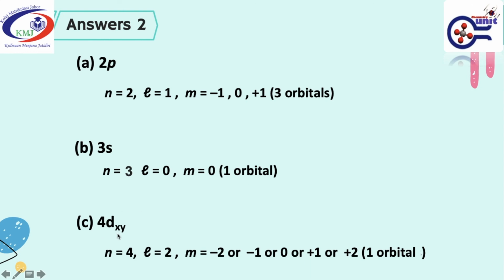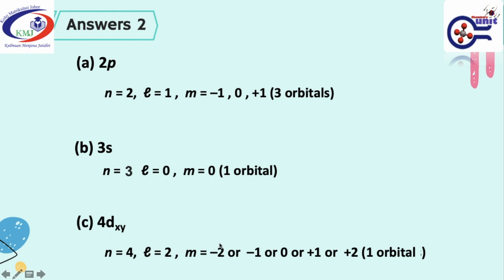For dxy, n is equal to 4, L is equal to 2 because it is d orbital. M is equal to negative 2 or negative 1 or 0 or positive 1 or positive 2. You cannot take all value of m because dxy is one orientation only.